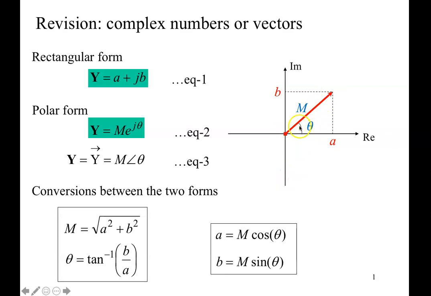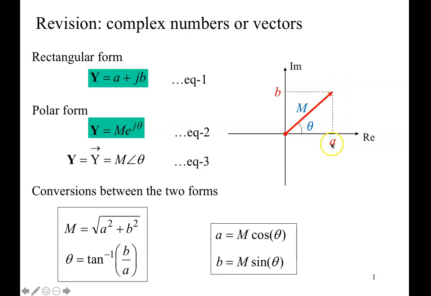Theta is the angle between this red line and the positive part of the real axis. Sometimes we use an arrow, or it's useful to always use an arrow, pointing away from the point of origin just to show the direction of the vector. So this is the start, this is the end. This length is M, this is theta.